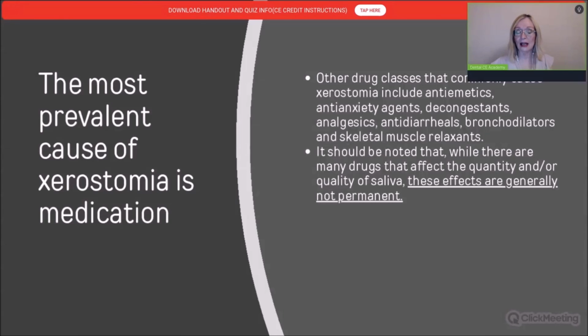And they're here: anxiolytics, decongestants, antiemetics, antidiarrheals, bronchodilators, etc. If they're not on these medications for life, then once they stop taking the medication, the salivary flow should come back to its normal pre-xerostomia days. But if they're on these medications for life, it may be a lifelong affliction for them that we have to address.